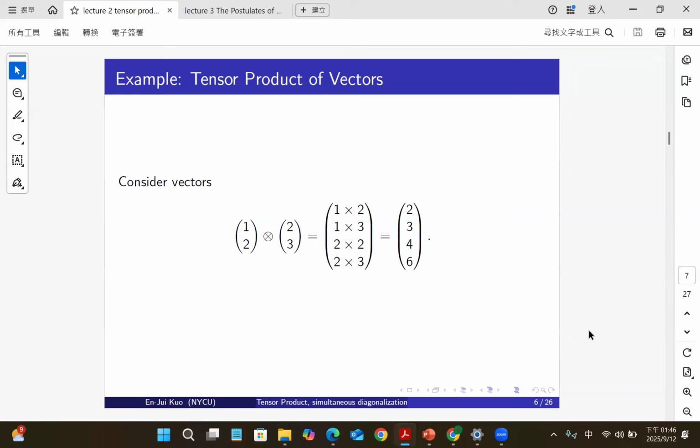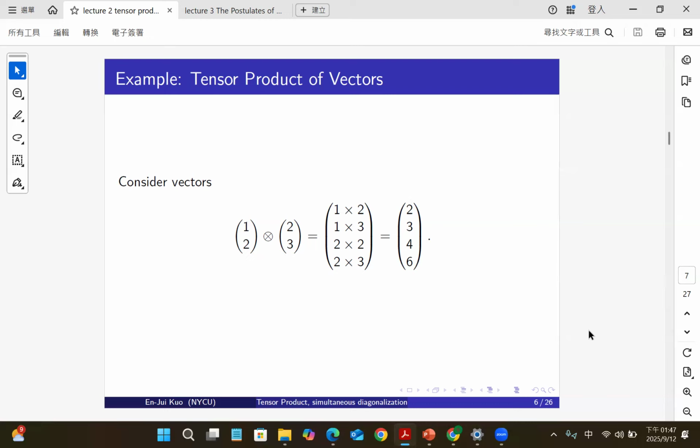Okay. So if you use this notation, then now you can write down the 0 tensor 0 as a 4-dimensional vector. The reason is that from now on, in most cases, 0 is defined as 1 0, and 1 is 0 1. Okay, so follow that formula, then I can compute 0 tensor 0.